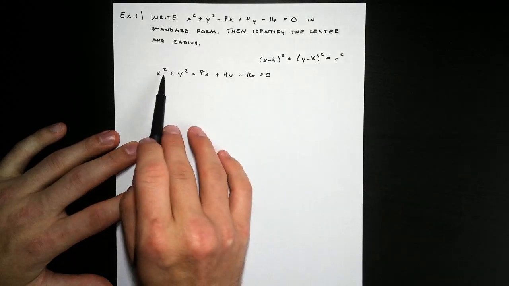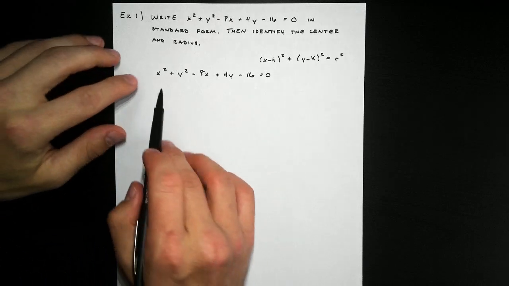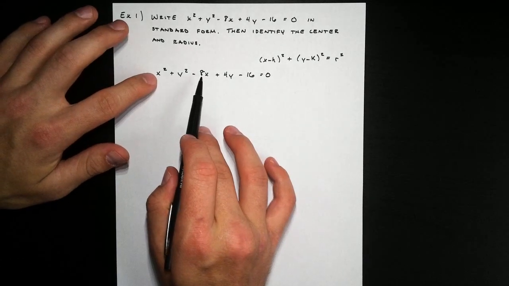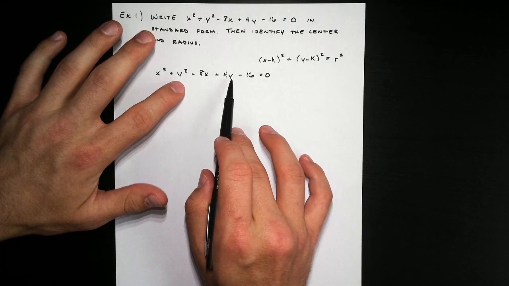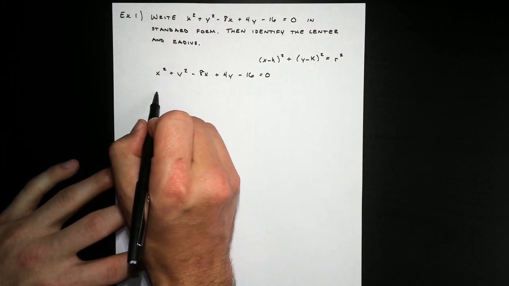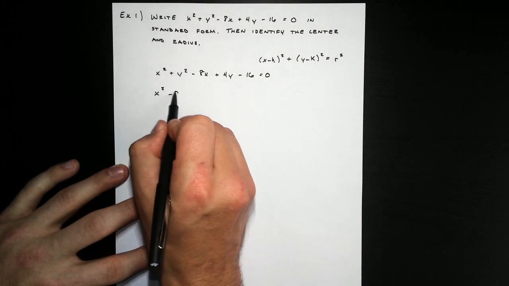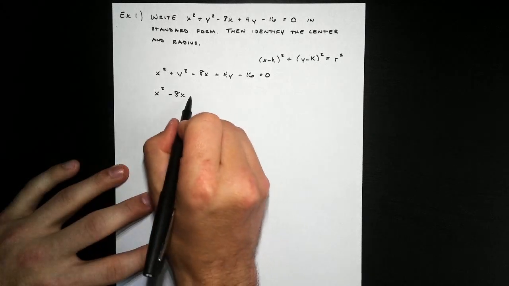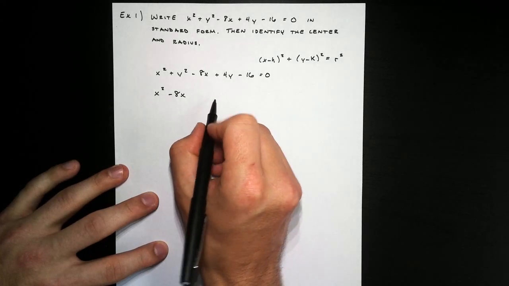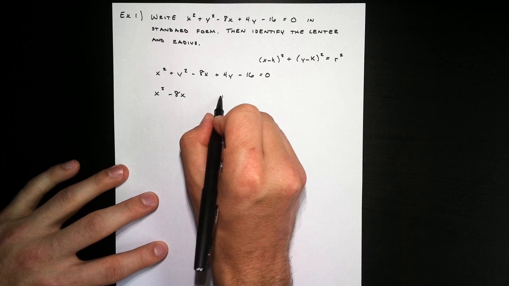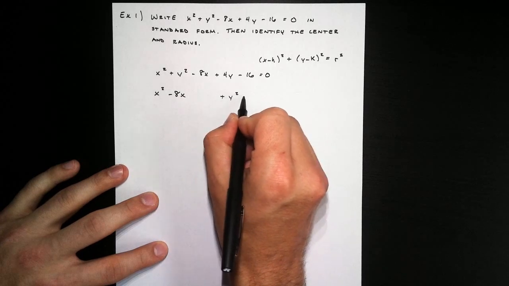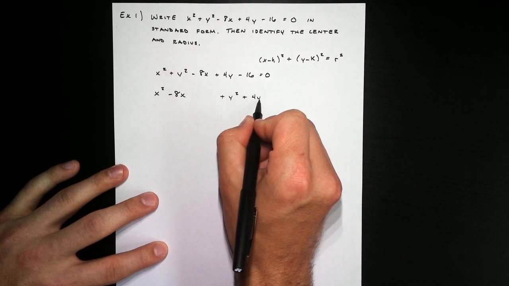The first thing is, if I'm going to try and factor this, I need to group up my x terms and I need to group up my y terms. So we'll do x squared minus 8x, and I'm going to leave a little space here because we're going to use that in a second, plus y squared plus 4y.